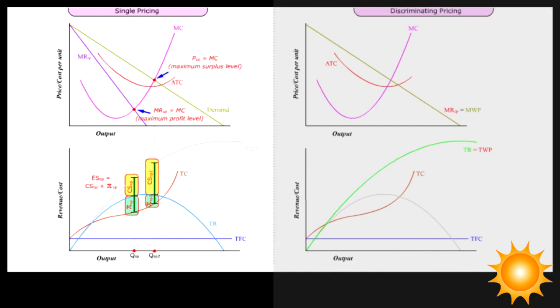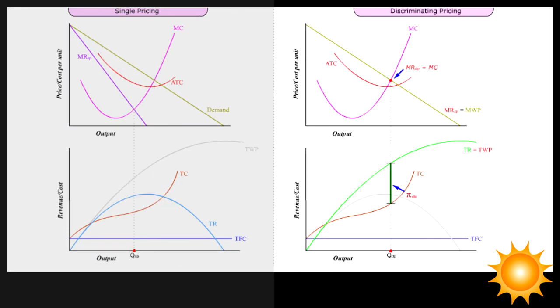But if the single price searcher tries to produce where P_SP is equal to MC, total profit would be lower. Under single pricing, higher consumer surplus can be obtained only at the expense of economic profit after the maximum profit output level is reached.